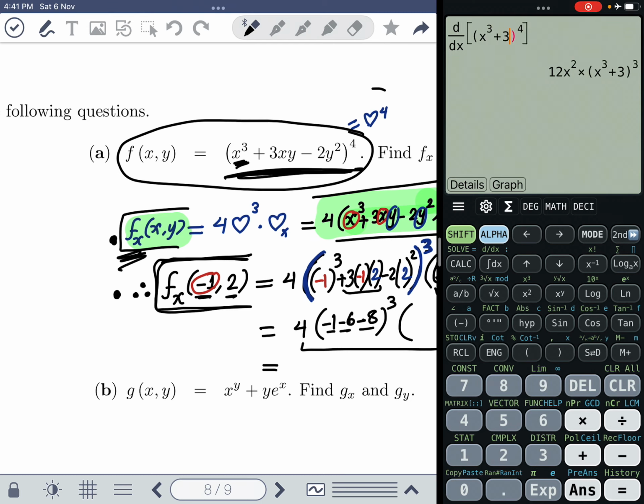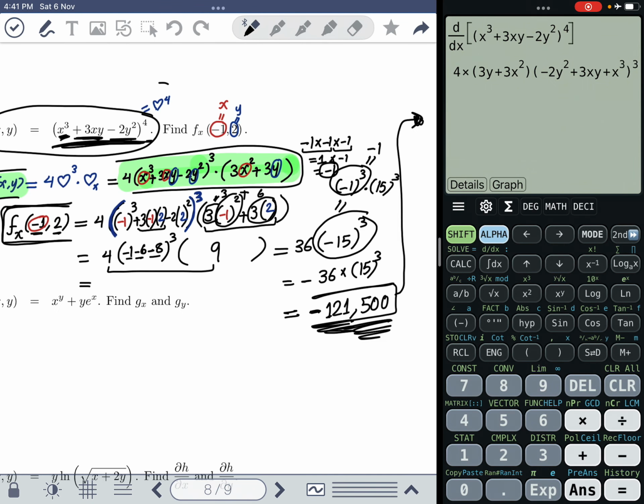Plus 3xy. You see, I'm almost there. Plus 3xy, now minus 2y squared. And look at the answer now. Is it the same as the answer we got here? Let's see together. 4 is there. 3y plus 3x squared is there.